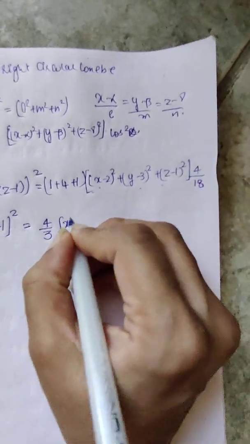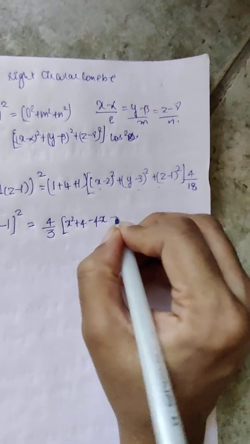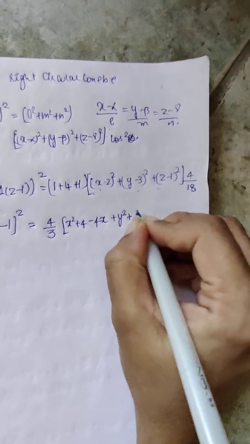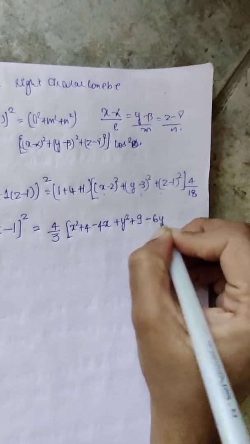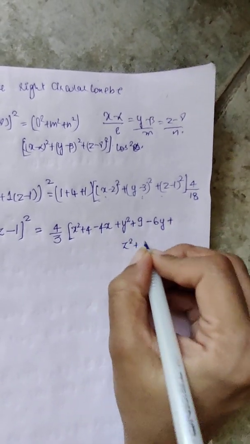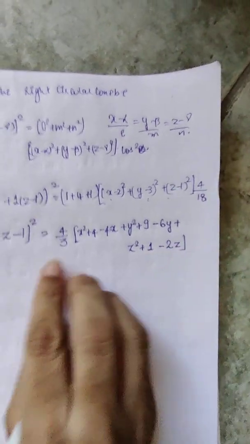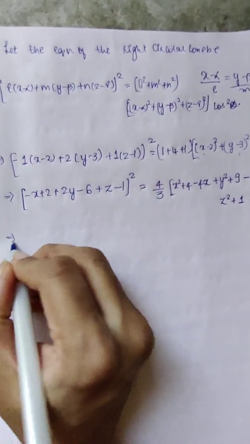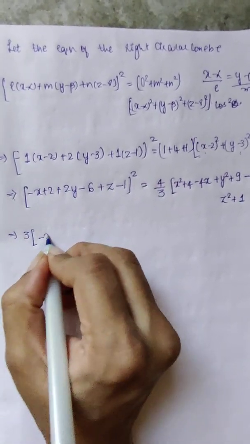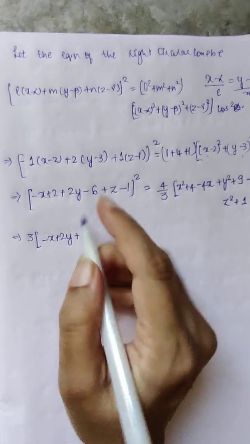So it's going to be a square plus b square minus 2ab, a square plus b square minus 2ab. And then the 3 I can send to the other hand side, and then this implies 3 into minus x plus 2y plus z.